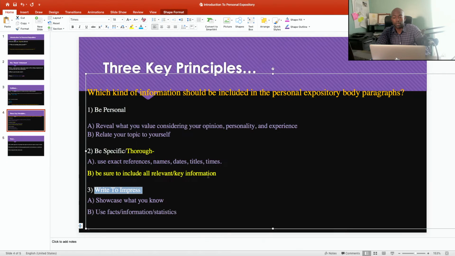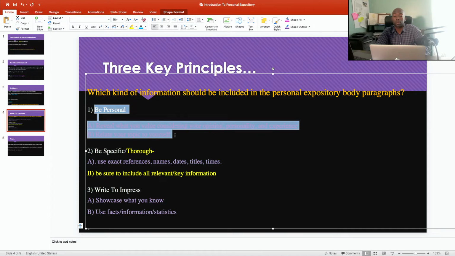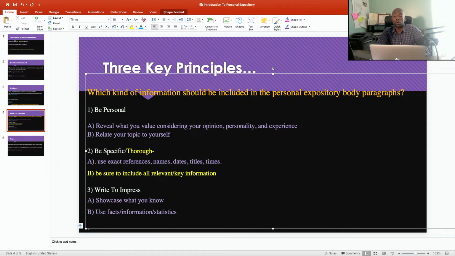I'm going to revisit these 3 principles here. This is what I'm seeking to do inside the writing assignment. I'm trying to be personal, which means I'm trying to reveal what I value and relate whatever I choose to myself. So my topic is Dr. Martin Luther King Jr. I'm going to be trying to relate him to myself as I write the paragraphs.